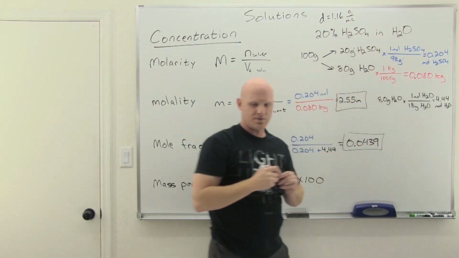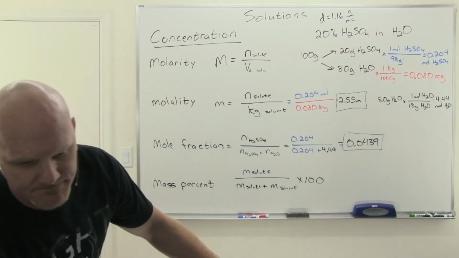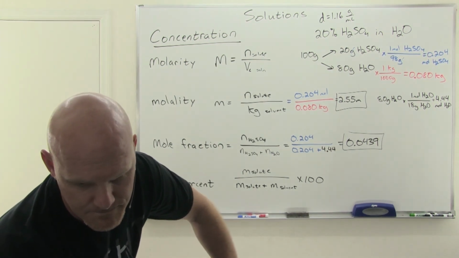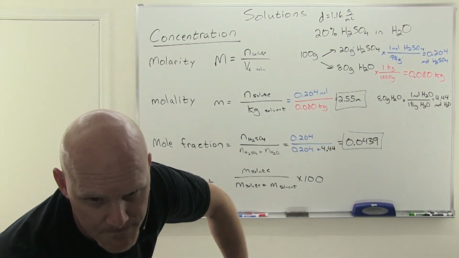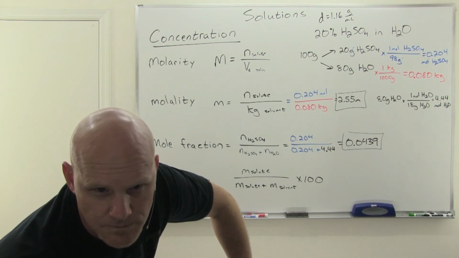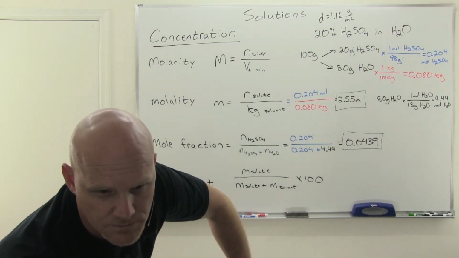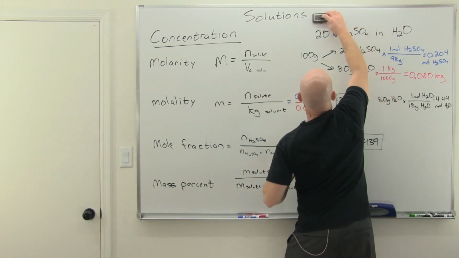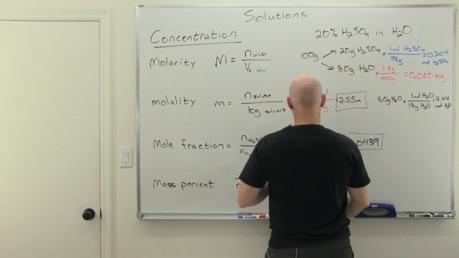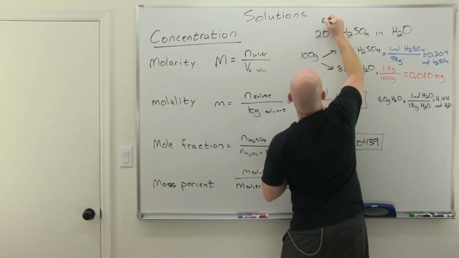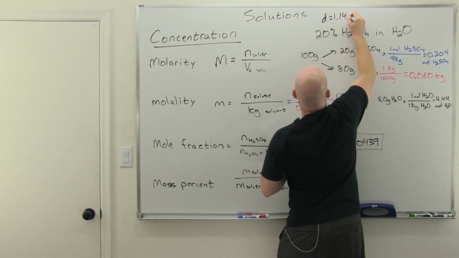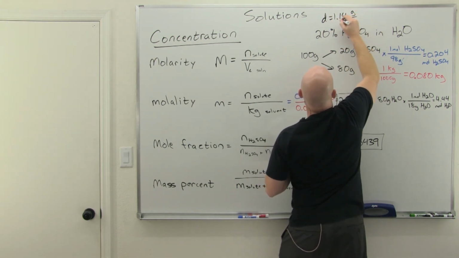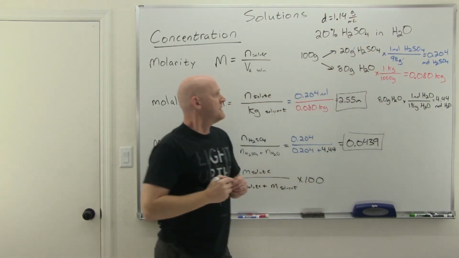Let me make sure that's right here real quick. And that density is provided as 1.14 grams per milliliter.